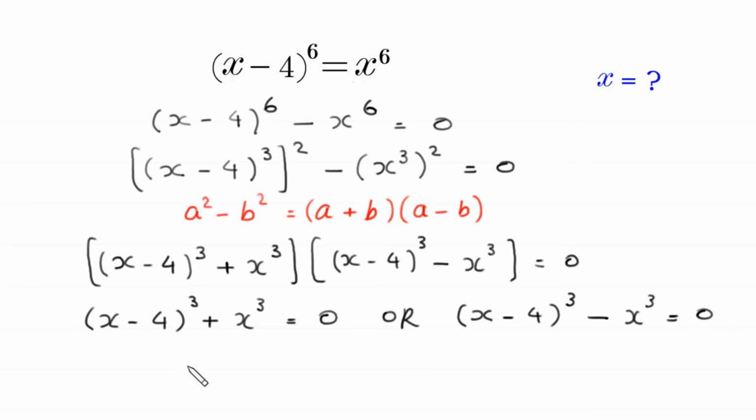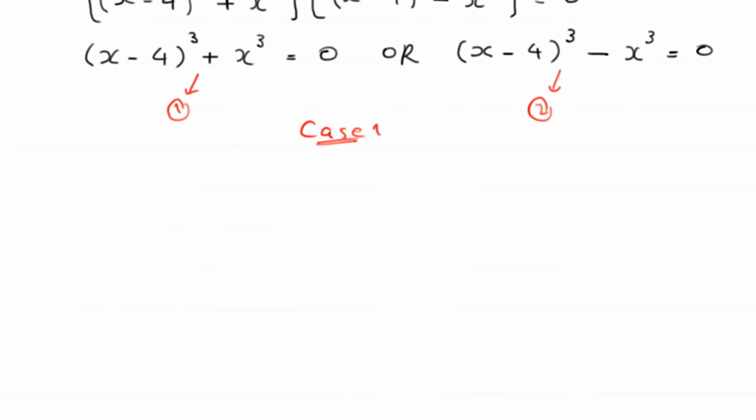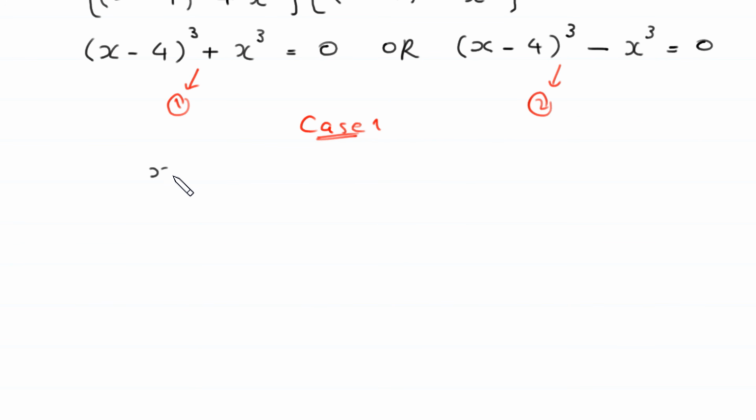So we have two cases. This is case 1 and this is case 2. First we solve case 1. Case 1 is (x − 4)^3 + x^3 = 0.